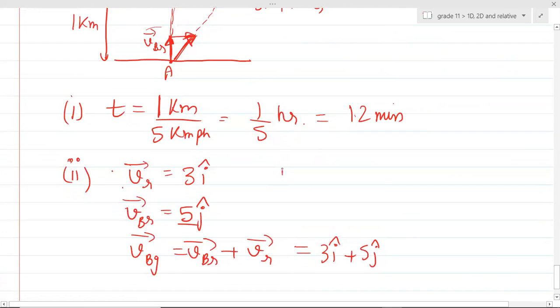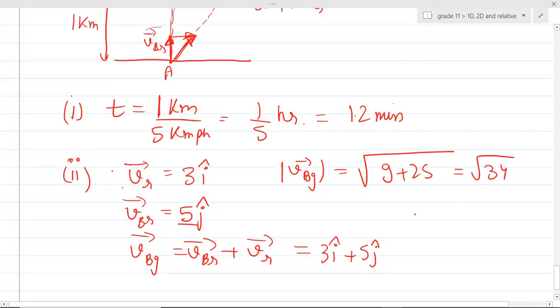Now the magnitude of speed of boy with respect to ground will be equal to under root of 9 plus 25, which is under root of 34 kilometer per hour.